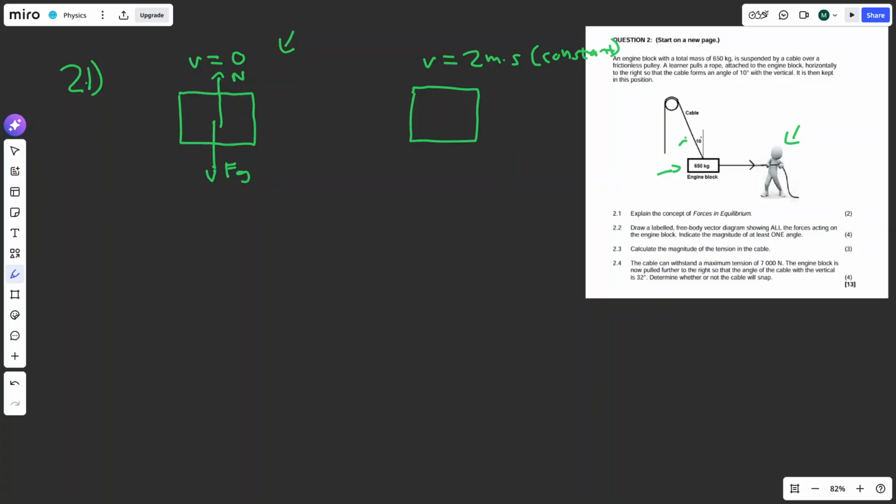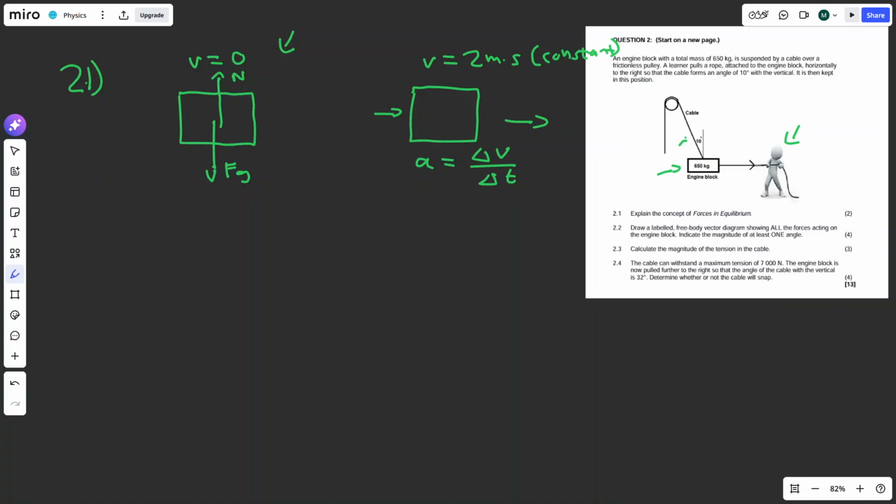Another case is where we've got an object that is moving in that direction. Let's say we've got someone here that's applying a force in this direction, causing the object to move to the right, and it is moving at a constant velocity. So what does it mean for an object to be moving at constant velocity? What this means is that the acceleration, which is change in velocity over change in time.